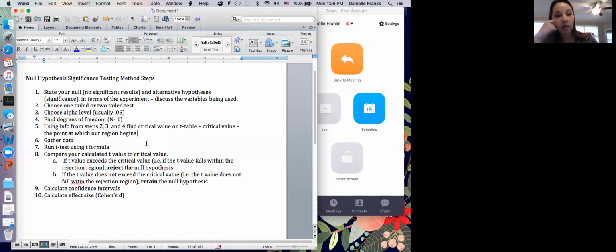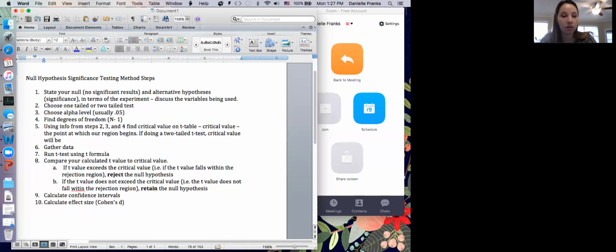So we've got to find that. If you're doing a two-tailed t-test, your critical value is going to be both positive and negative. Like we saw with the Doritos example, we had a negative 2.365 and a positive.